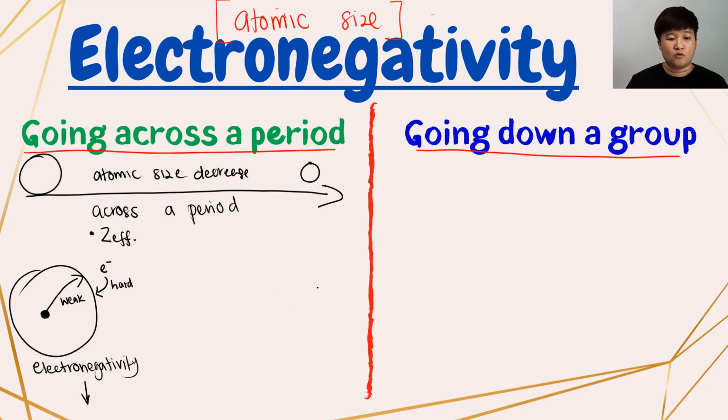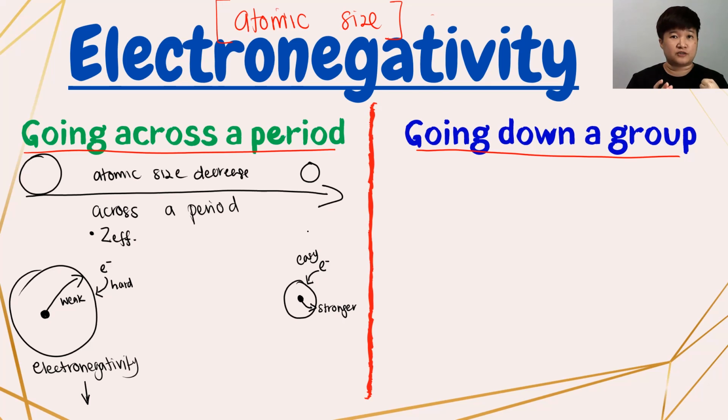Vice versa, what happens when the size is smaller? When the size is smaller, the force of attraction over here is stronger. So when the force of attraction is stronger, what happens to the electron that wants to go into the outer shell? It's easier for the electron to go in because the nucleus and the outer shell are very close.